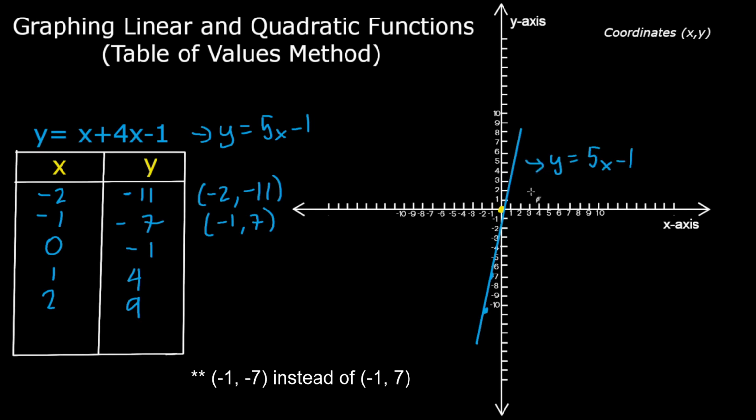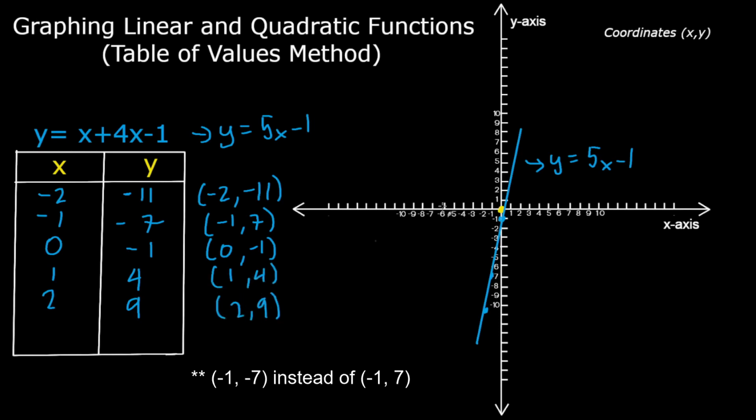Pero, try muna natin i-check pa kung tama talaga using this points, mga natitirang points, okay? So, we have 0 and then negative 1. So, itong 0 and negative 1, i-plot natin. So, 0, then negative 1, ito yon. So, nag-fall siya dito sa line na to. So, dapat ganun din yung i-expect natin sa natitirang points na to. 1, 4, and then 2 and 9.